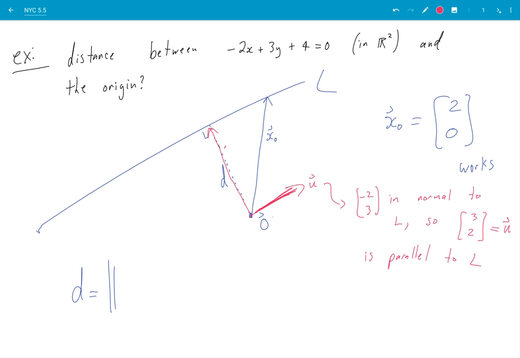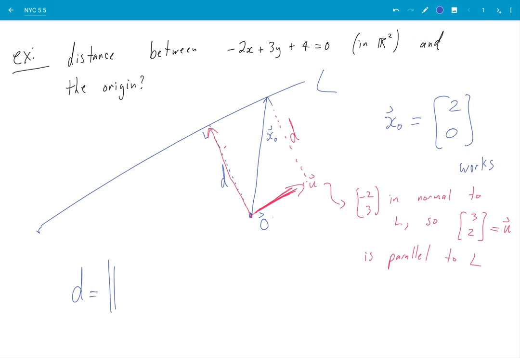Okay, now I see that the triangle I want to solve is actually this one here. So that's also d right there. So I'll look at this triangle and try to decide what I want.